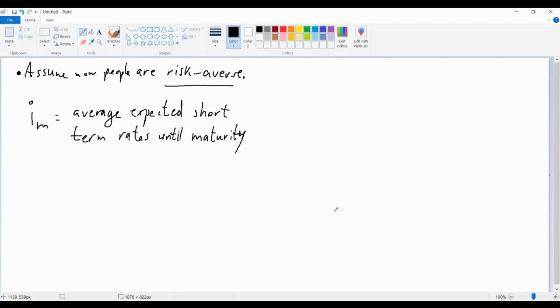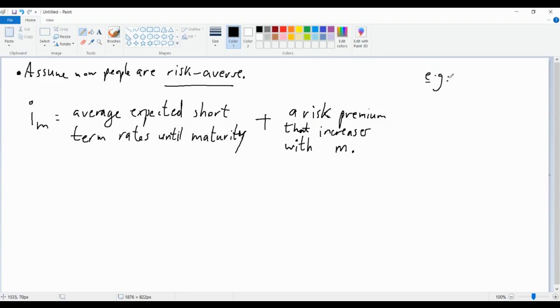So all we need to do to actually improve this theory is to add the idea that people don't like risk. Long-term bonds are riskier, and therefore, in addition to the average expected short-term interest rates until maturity, we could add a risk premium that increases with M. So let's do some examples here.